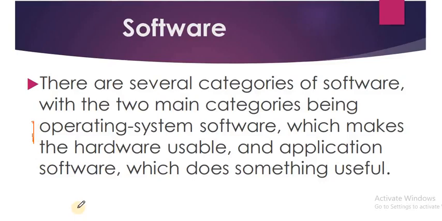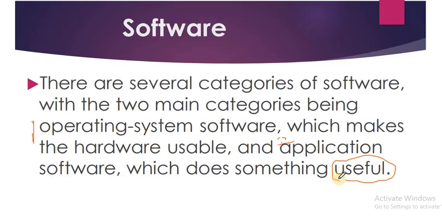Operating system software makes the hardware usable. Hello? It does what? It makes the hardware usable. Then number two, the second type of software, is application software, which does something useful or serves a specific need.